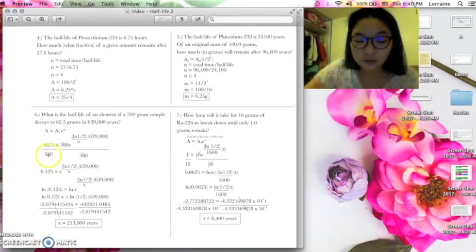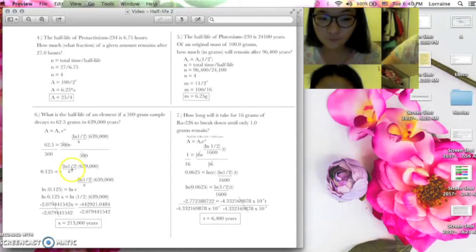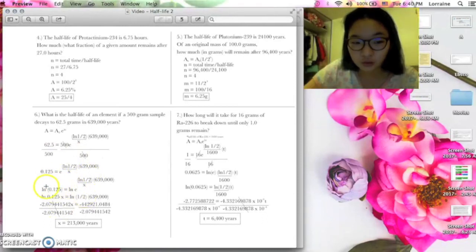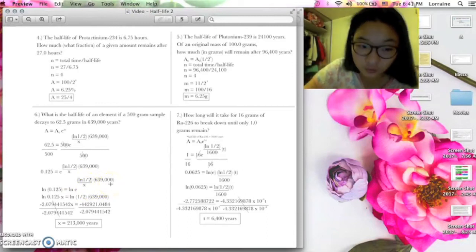And so 62.5 over 500 is 0.125. Then that's going to be equal to e exponent ln of 1/2 over x times 639,000. So to erase e here, and for it to be easier for us to solve, we use the rule for the natural logarithm, which is using ln of 0.125 equals ln of e exponent ln 1/2 over x times 639,000.